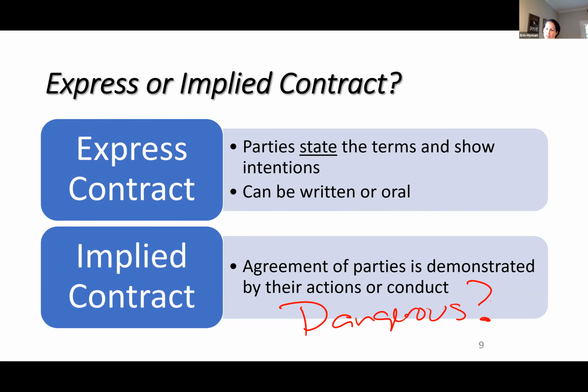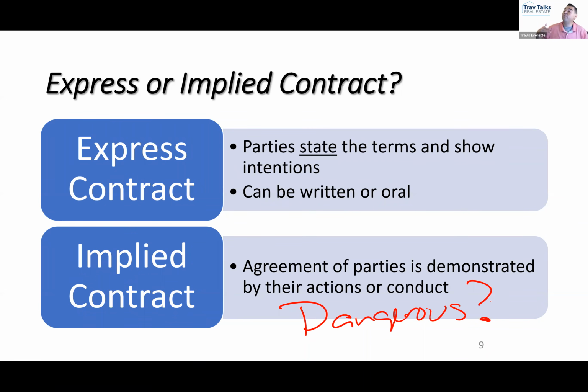If you're relying on an implied contract, you're relying on the fact that both parties imply the same things from the contract, correct? And so there's danger in implied contracts. Do you think implied contracts are the way to go with real estate transactions? Not at all. We don't want anything implied.